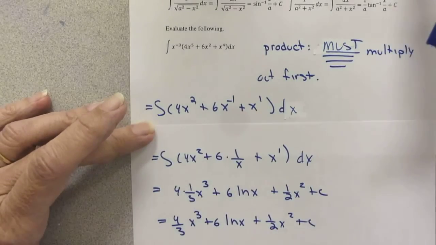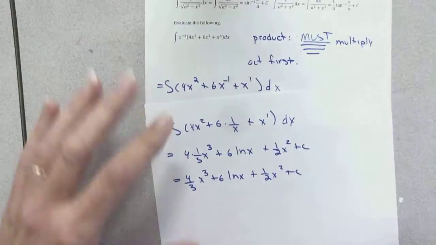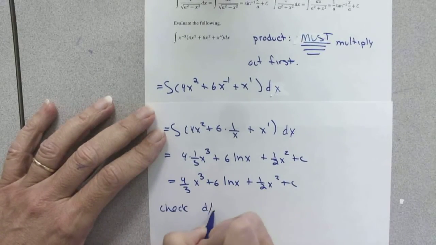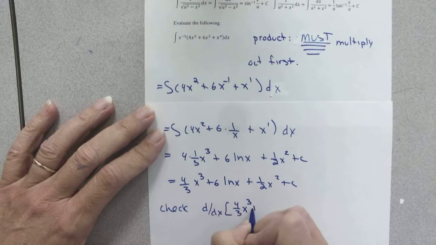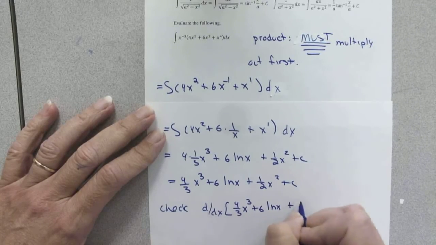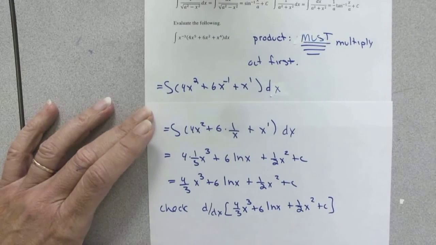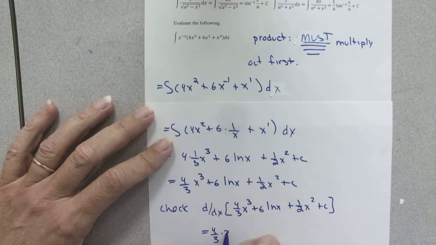And then I can check these things by differentiating. So let's check it. I take my answer and I differentiate it. And it has to get me back to the original integrand. So differentiating.